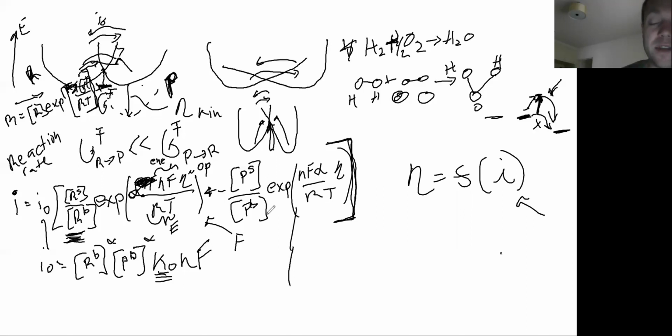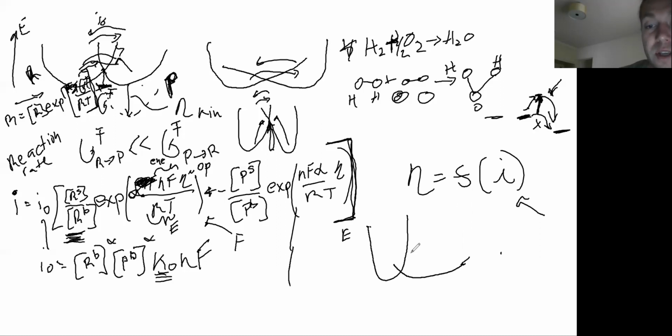Okay, and then I was talking about this alpha. You could have something where this one is super steep and this one is super shallow. So maybe the energy profile of your products and your reactants are not symmetrical.